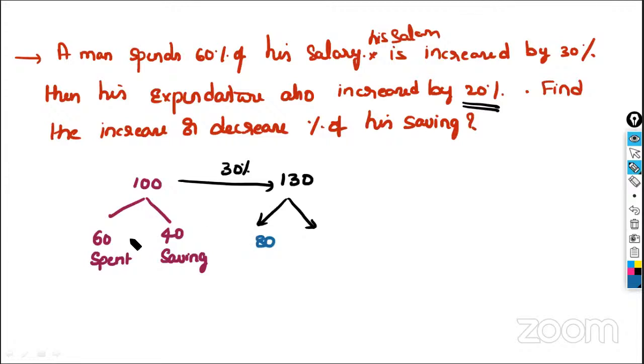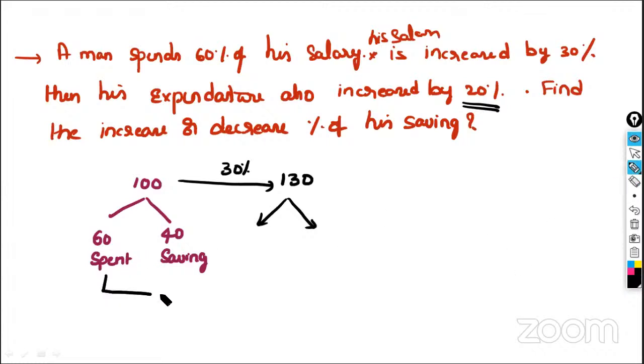Why? Here we are mentioning 60%, not a proper value. Here also the increase of 20% is not a proper value. So don't take directly 60 plus 20. This is the general mistake so many people are doing.